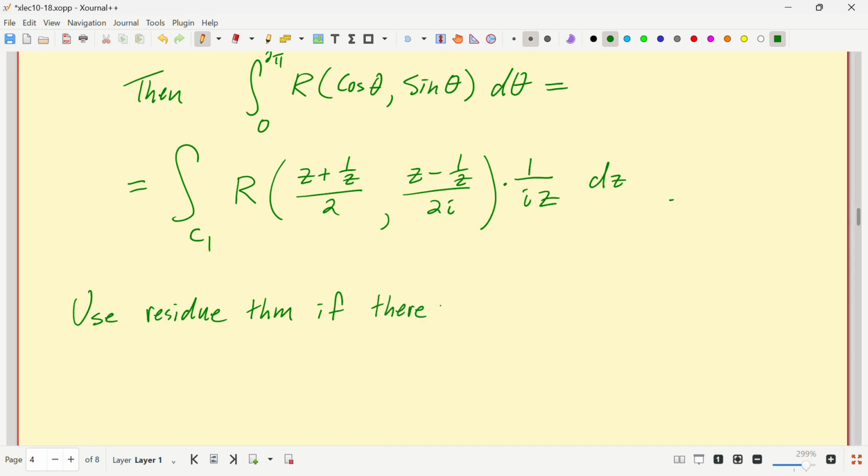Of course, if there are poles, that integral probably doesn't even exist. So use the residue theorem if there are no poles on C1, on the circle. Questions about that?